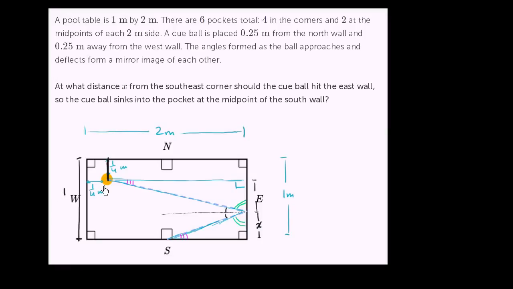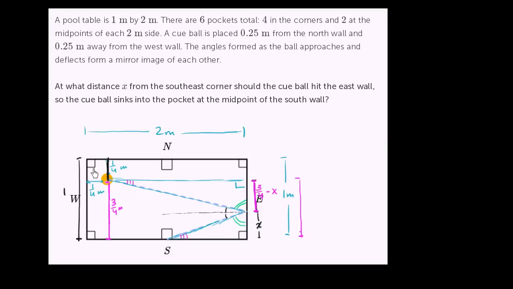So this distance right over here is going to be 3/4 of a meter. And if this distance is 3/4 of a meter, then this part right over here is going to be 3/4 minus x meters. So let me write that down. 3/4 minus x is this magenta length.